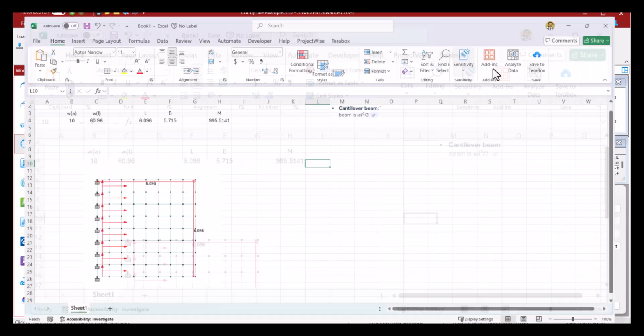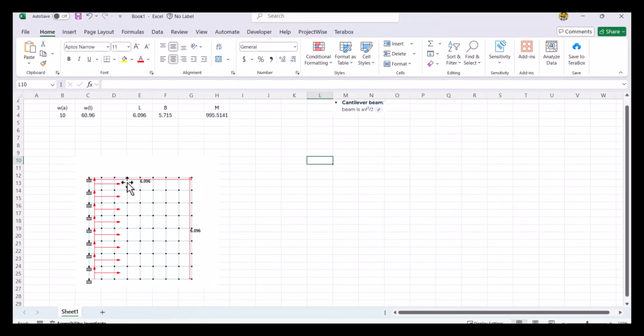So this is my section. Now this is my load intensity, meaning force per unit area. Just consider this as a cantilever beam. So I am converting this force per unit area into force per unit length, along this length.